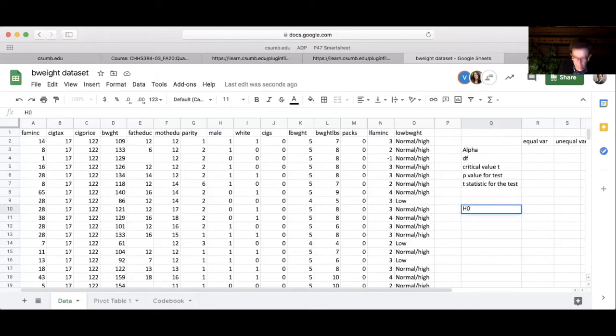We are going to do both unequal and equal variances. We've already established that. So now what we need to do is to state our null hypothesis.